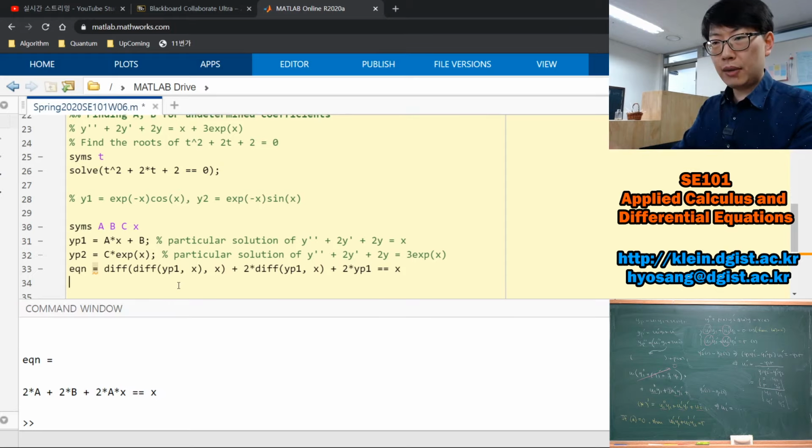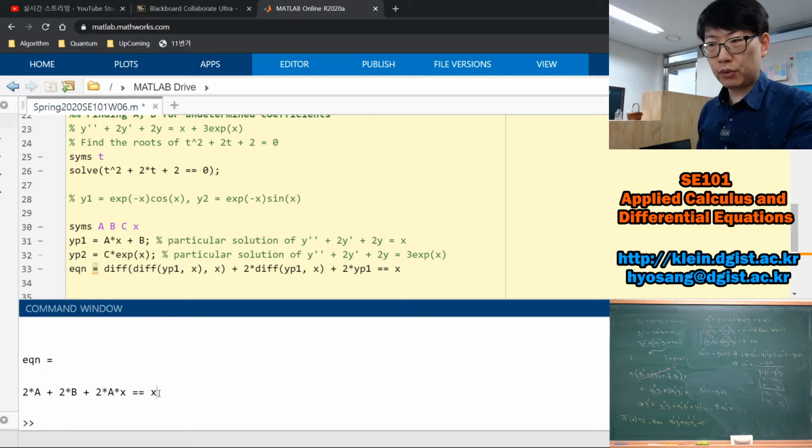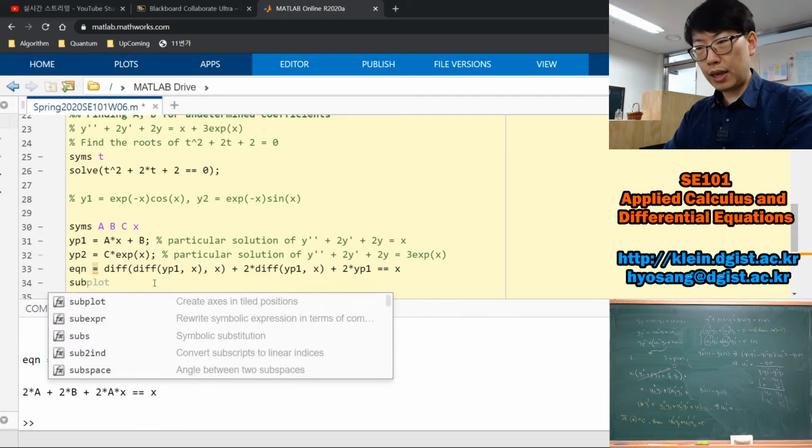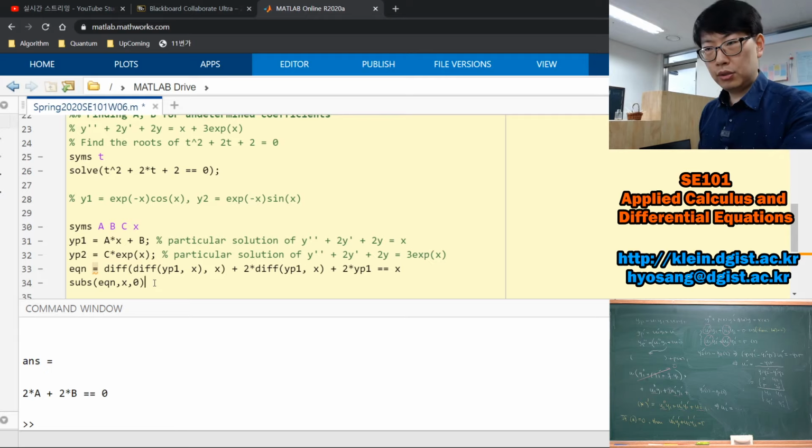Now, to find a and b satisfying this equation for every x, I have to plug in some values of x, for example 0 or 1. So if I replace my x with 0, I can use this subs command.